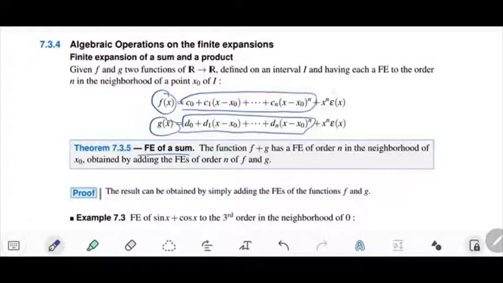So I will take the first finite expansion, the second one, I will add c0 plus d0 to obtain the constant term in the finite expansion of f plus g. I will add (c1 plus d1) times (x minus x0) to obtain the term of order 1 in the finite expansion of f plus g.